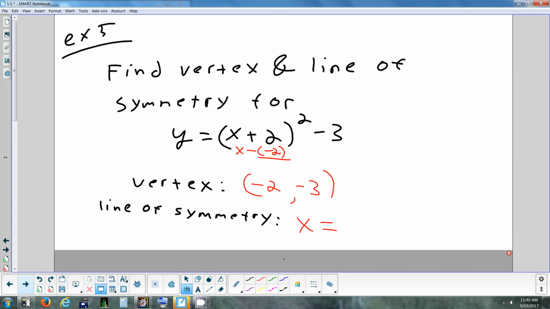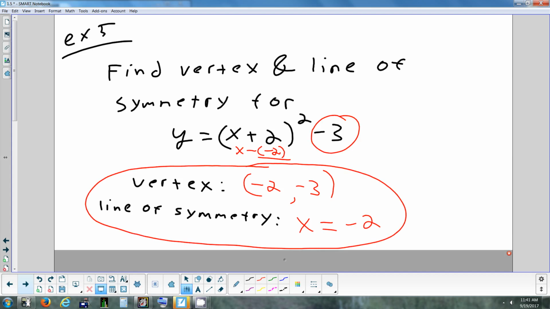A line of symmetry. Yeah, whatever is in the x spot of the vertex, because shifting down has nothing to do with line of symmetry. So we're going to fill in x equals -2. Yep. We shifted this graph 2 units to the left, so the line of symmetry also moved 2 units left. Okay, so that's what I'm looking for.